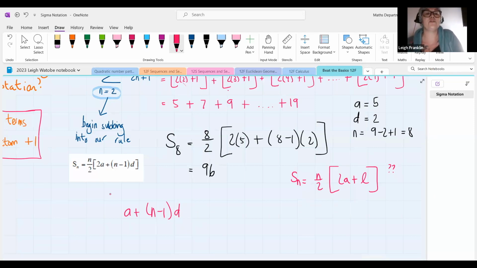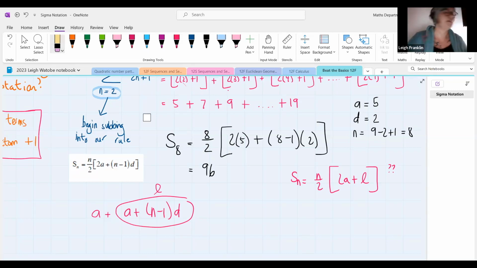That is the last term, L. And then they add it to A. So I think it is 2A plus L. But anyway, never mind. It's okay.